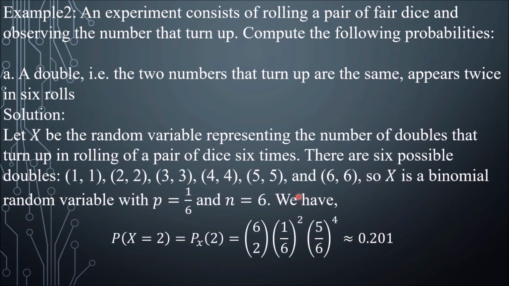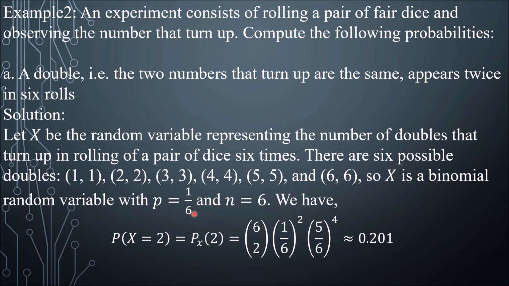Let's have the first one. A double appears twice in 6 rolls. Let x be the random variable representing the number of doubles that turn up in rolling a pair of dice 6 times. There are 6 possible doubles: 1, 1, 2, 2, 3, 3, 4, 4, 5, 5, and 6, 6. So the random variable x is a binomial random variable with the probability of 1 over 6.